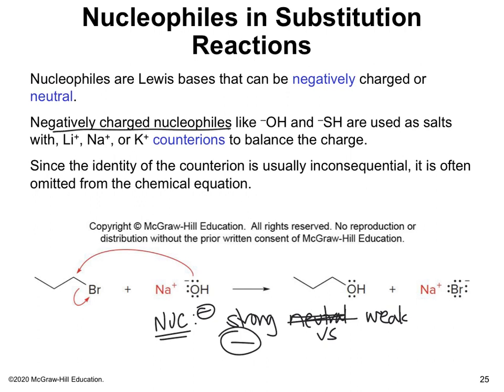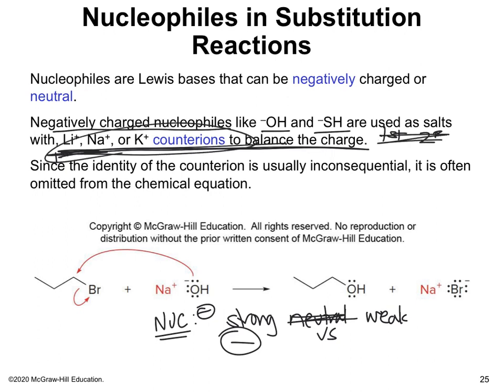So negative charge nucleophiles like hydroxides and thiols are always going to have counter ions. When you recognize these counter ions, which are metals from group 1 or even group 2, the alkali and the alkaline earth metals, you make them positive. And that will tell you that you've got a negative charge.